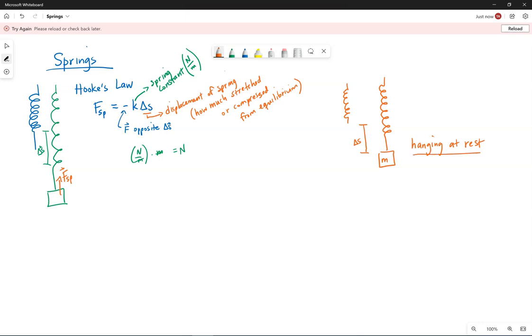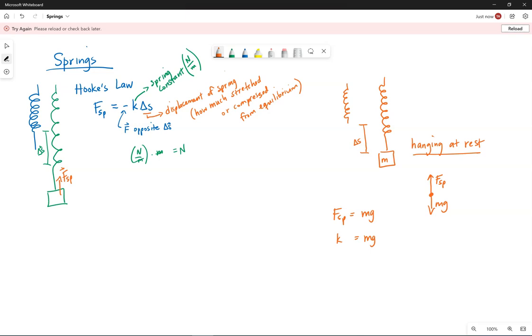If this mass is hanging at rest, the force of this spring upwards would have to balance the force of gravity downwards. If those are equal in magnitude, we can say K delta S is equal to mg.